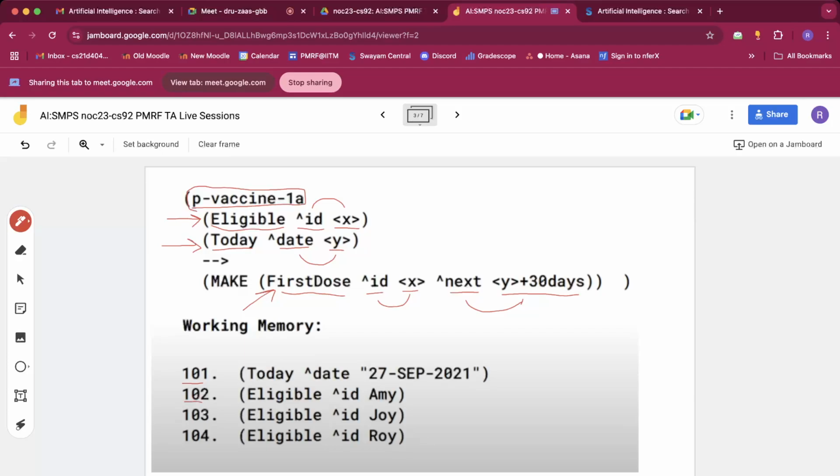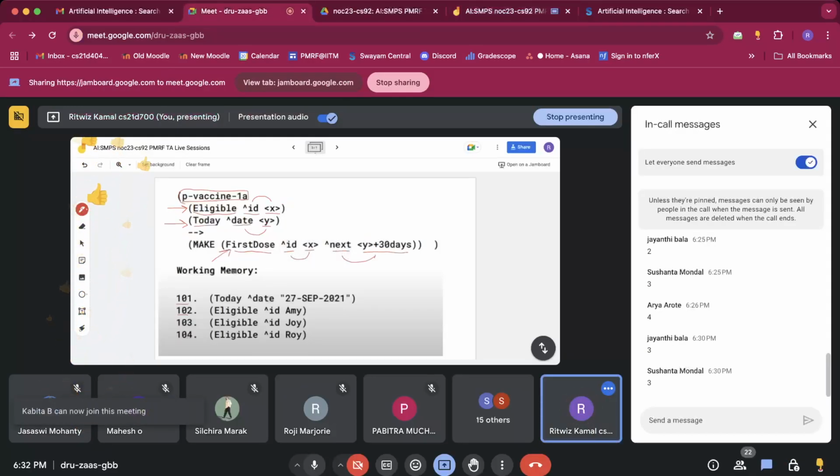How many such different combinations of rule and working memory elements can we have, given the information on your slides right now? There may be multiple rules applicable at this given point of time. So let's first form our conflict set, and then we will discuss how to resolve the conflict in the conflict set. I'll let this stay here for a while, and then we can discuss.